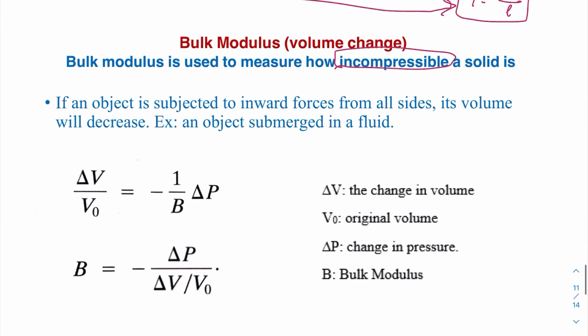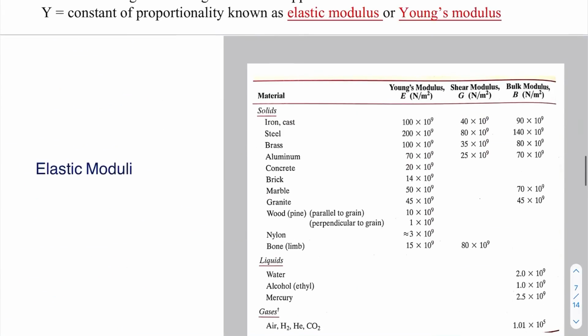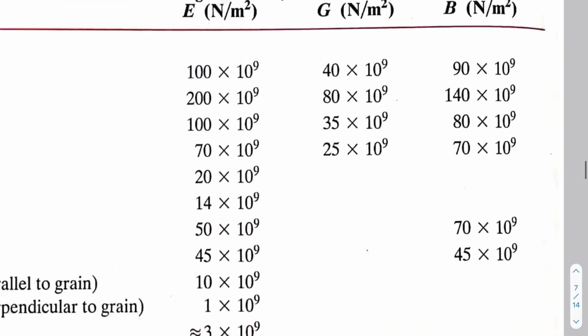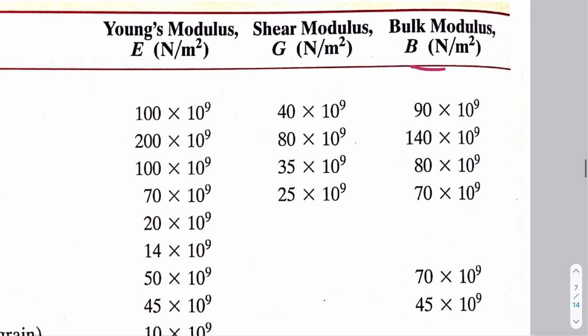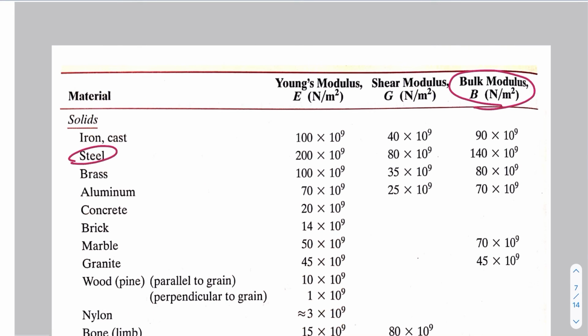Again, we have the same concept: we have a number that we talked about in this column of the table. The unit is Newton per square meter, and for each material it is different.